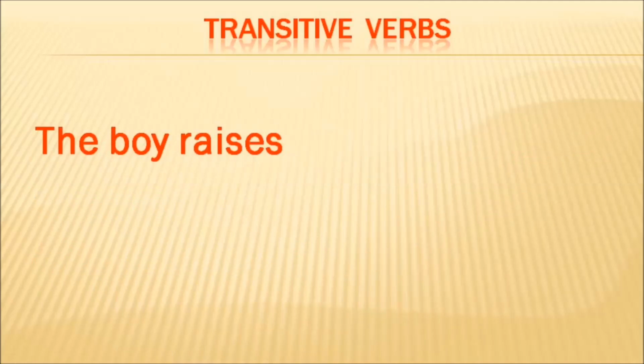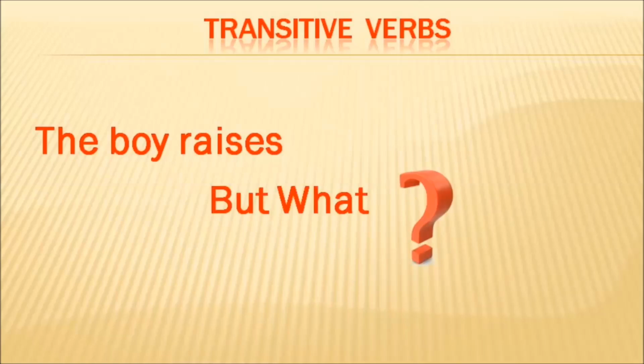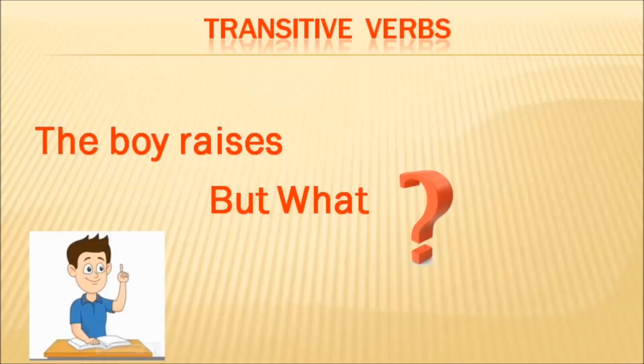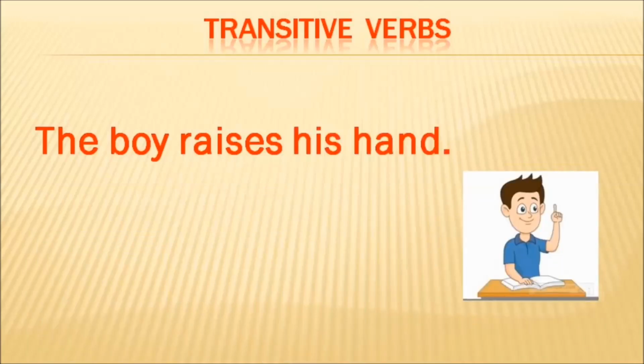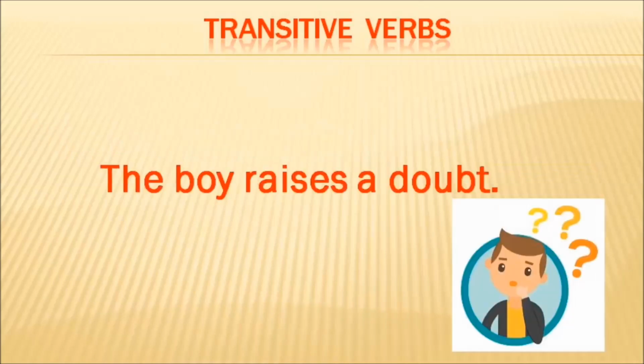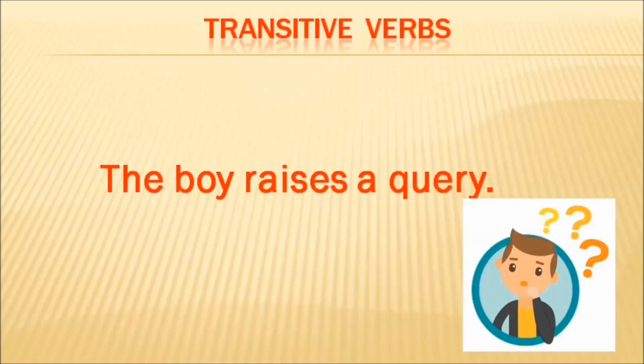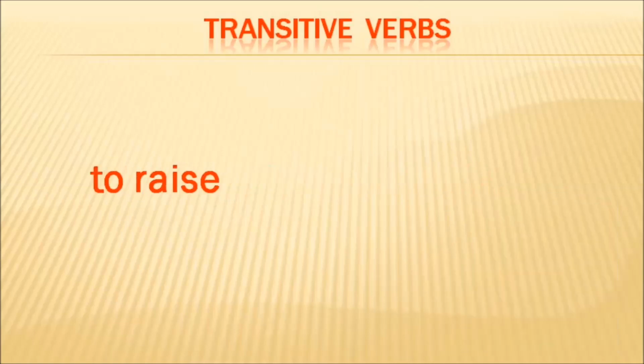Just see. The boy raises. But what? Still unanswered. It must have an object like hand or doubt or question or query. Like, the boy raises his hand, or the boy raises a doubt, or the boy raises a query.